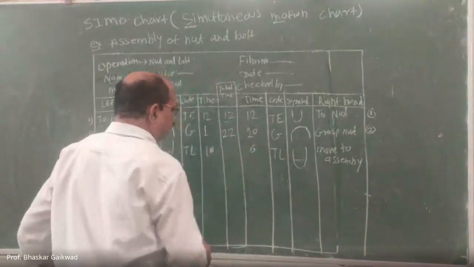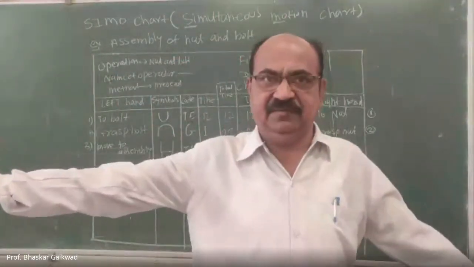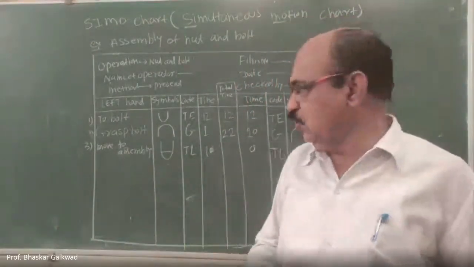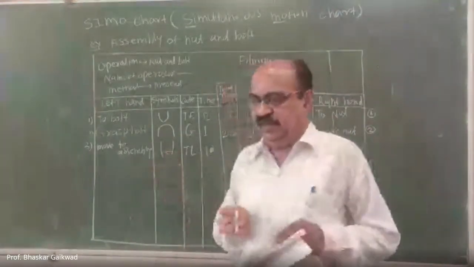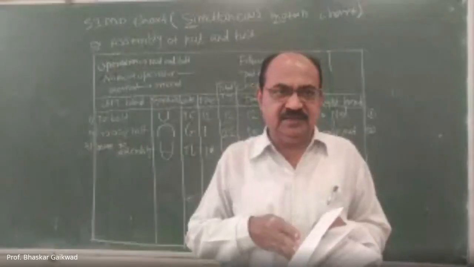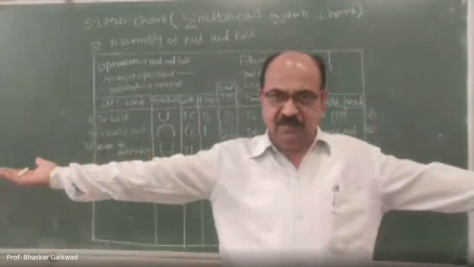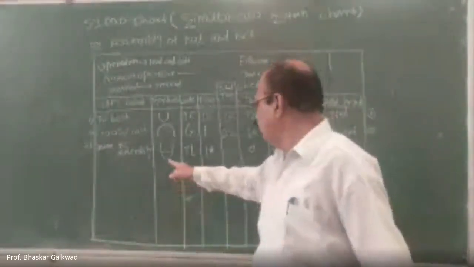Again, if you have to consider a take, the chalk is in my hand. This means loaded, and then we are going for assembly. This is the empty, this is the loaded. Simultaneously our other hand is going empty, one hand bringing the bolt and one hand the nut.